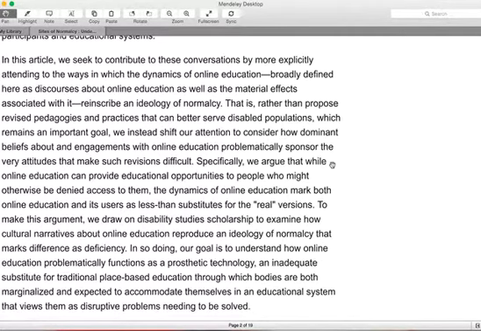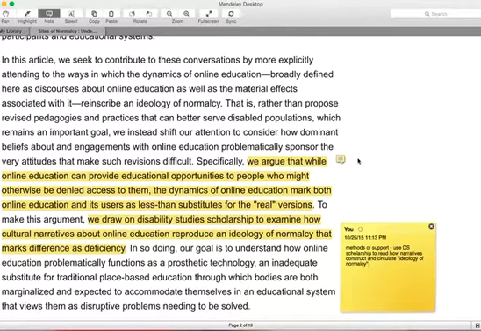So again, I'm quoting that language here because that is specific language to their argument, and I want to make sure that I'm keeping it specific to their article and that I'm not using it as my own language. So it's just nice to get into that habit of quoting that kind of specific language.